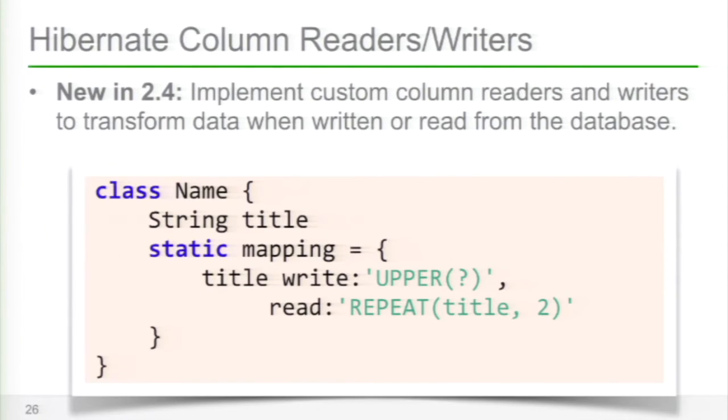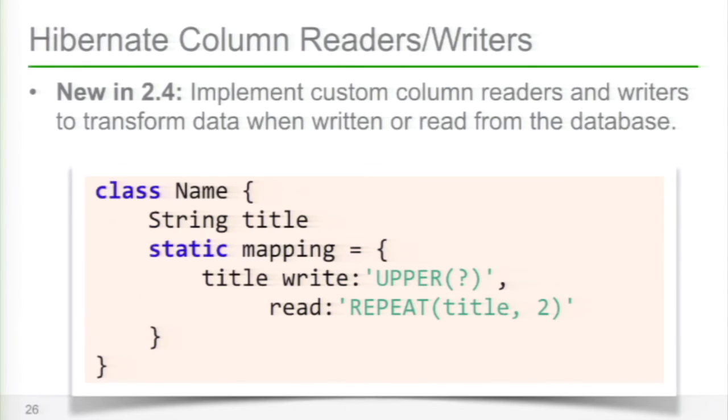And also new in 2.4, we have custom column readers and writers. So on any property, you can define in the mapping a write and a read to perform. Basically, it could just be a question mark, and in this case, it would do nothing.